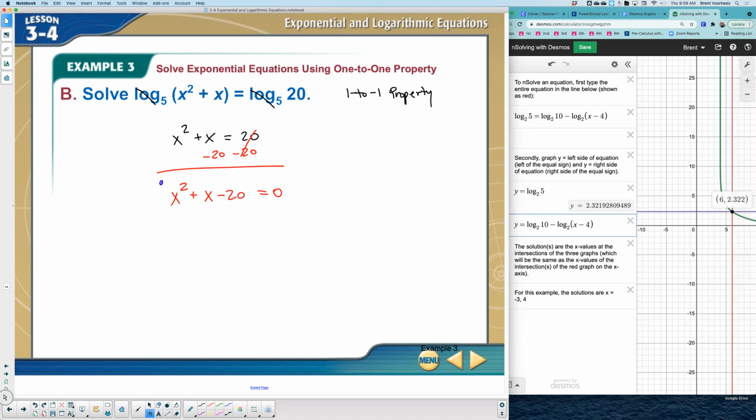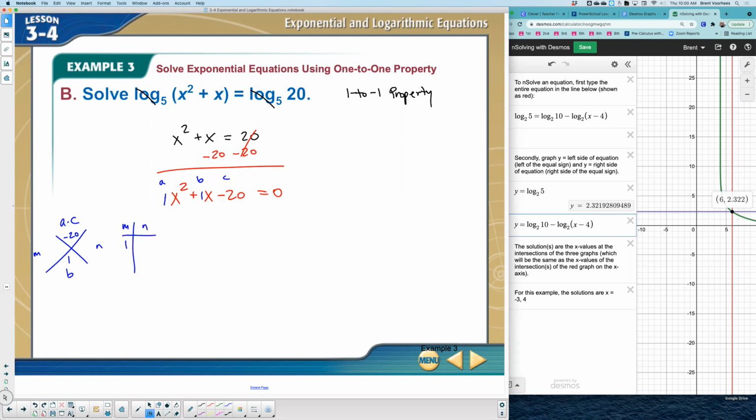Remember X method, you have your A, B, and C, and you look for factors of A times C that add up to B. So in this case, I'll put M and N on the side. A times C, what is my A value if it doesn't show 1? Just one. 1. So A times C is -20. My B is also a 1. So you're trying to think through, what are the factors of -20 that add up to 1?